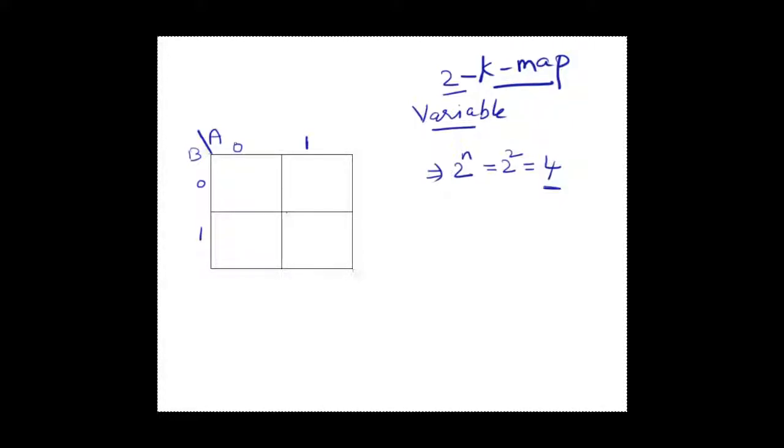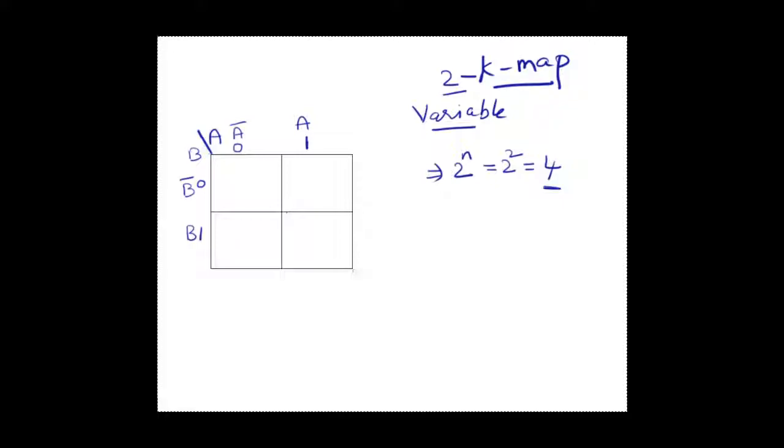That means I can write this also in terms of A bar, A and B bar, B. Whichever you feel easy, you can represent it in that way. Here I have written A as one variable and B as one variable. Even if you replace A with B and B with A, that doesn't matter. Only your orientation matters.